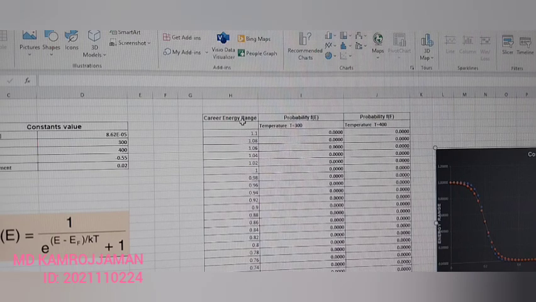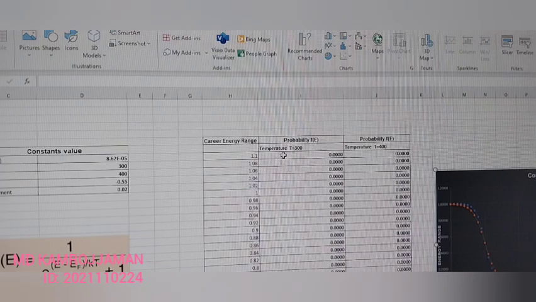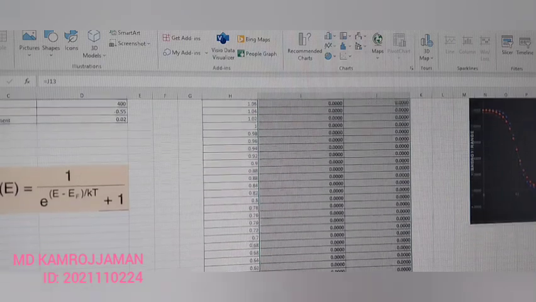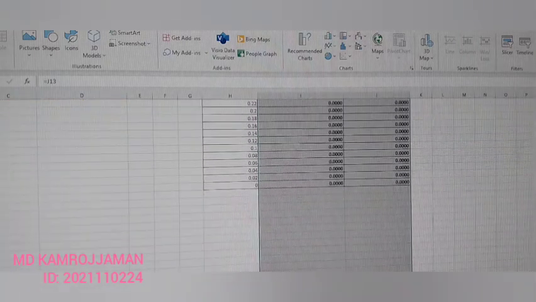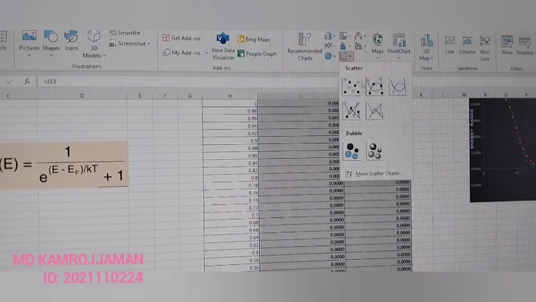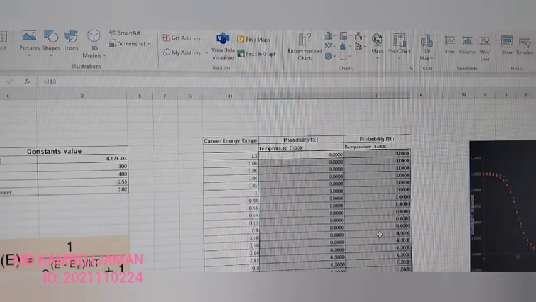And for the carrier energy range, the same way I make it using step 0.02 electron volt, and I find the probability at temperature 300 K and 400 K, and I got this Fermi distribution curve. The same way, I just select this value and go to insert and select here, then I find this curve. So this is actually question number 2 of midterm 2.